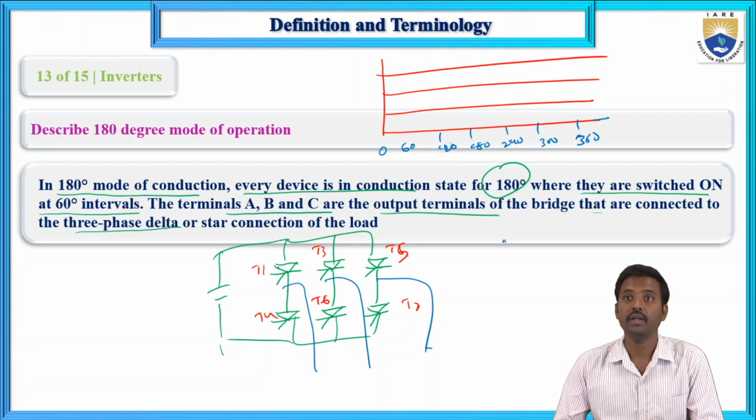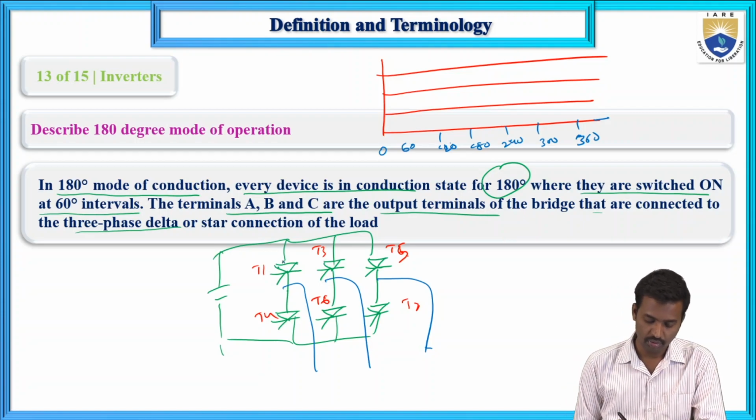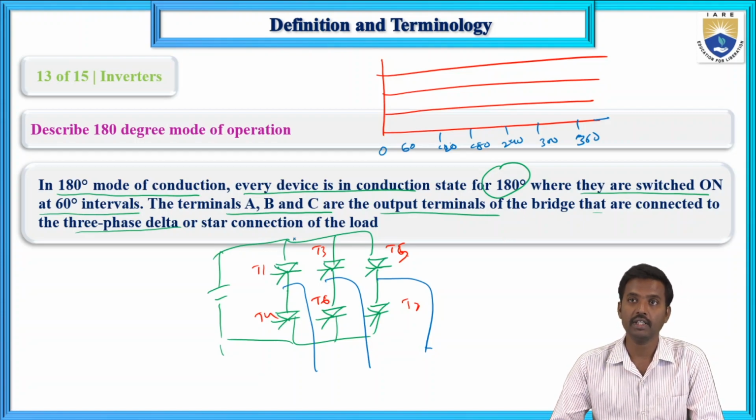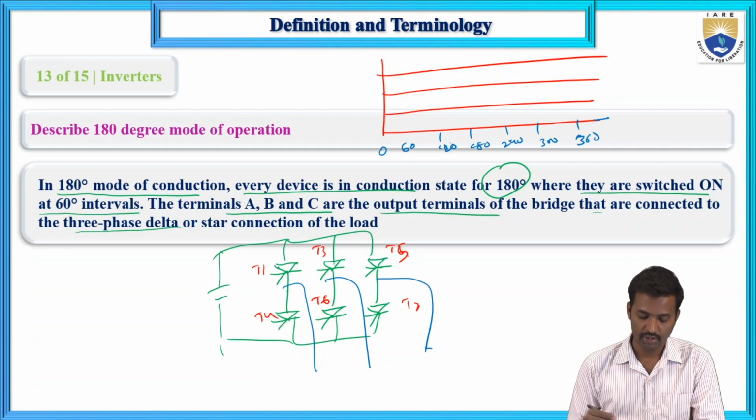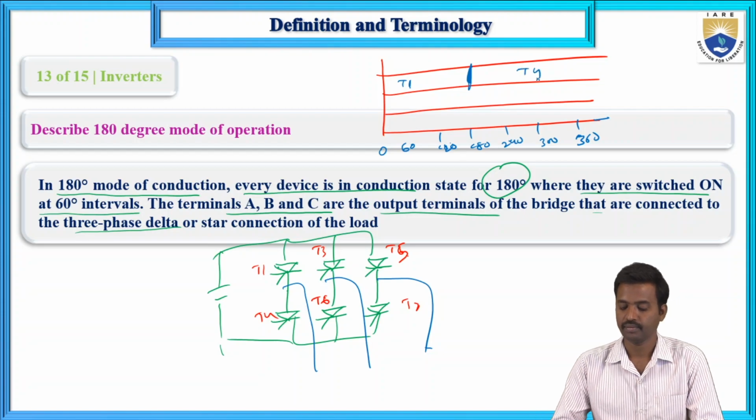So here, at a time three thyristors will conduct. Now I will explain. First T1 will conduct up to 180. After that T4 will conduct up to 360. Next T1.